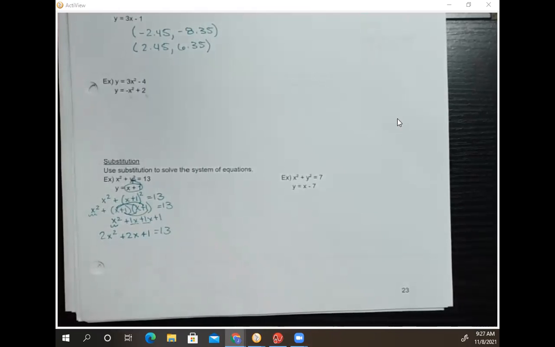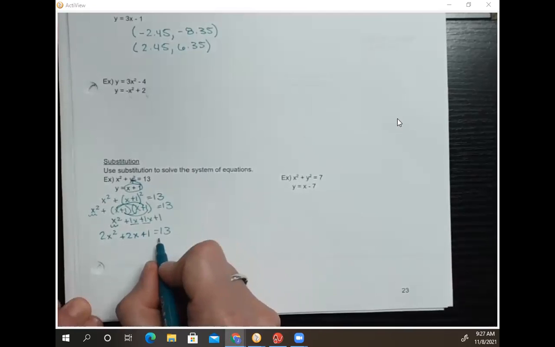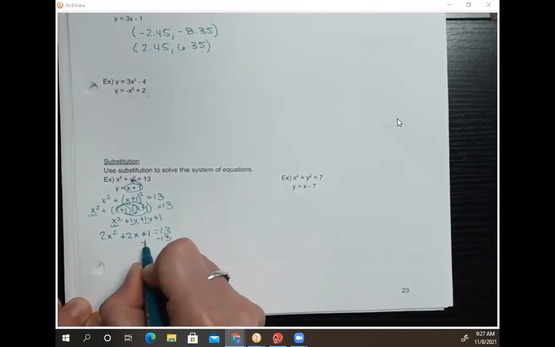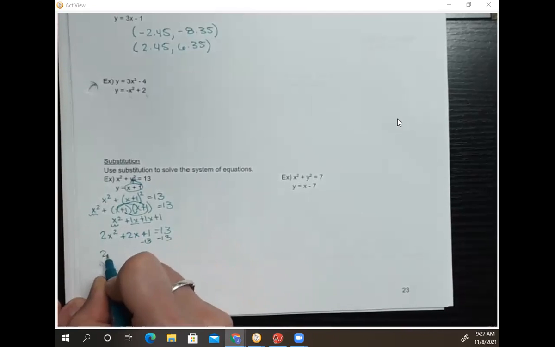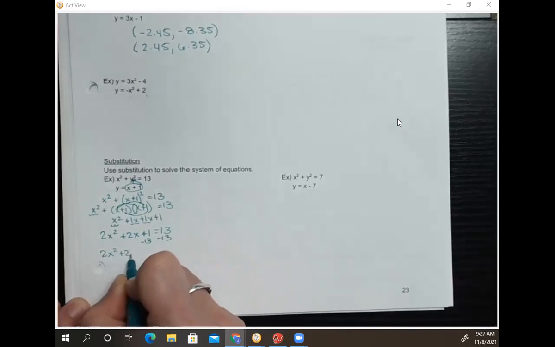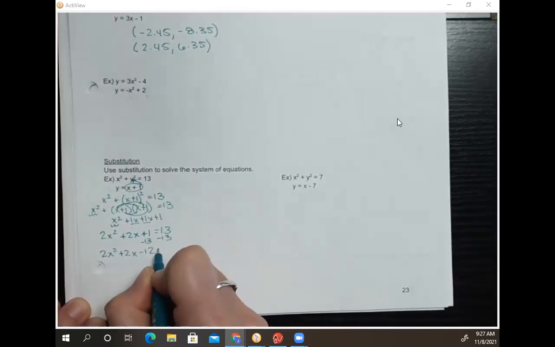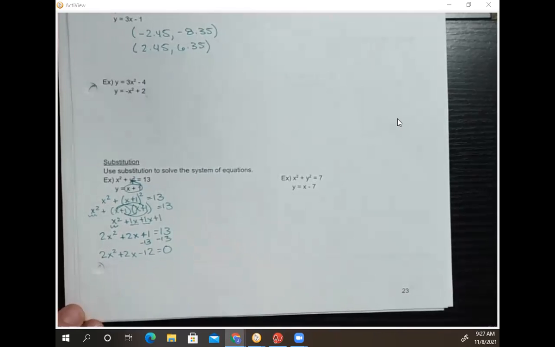But all of our quadratic methods that we've talked about, with the exception of square roots, needed standard form, and I can't solve with square roots because I have x squared and x. We put everything on the same side. So that's my first step here. I'm going to move the 13 over. So I have 2x squared plus 2x minus 12 equals 0.